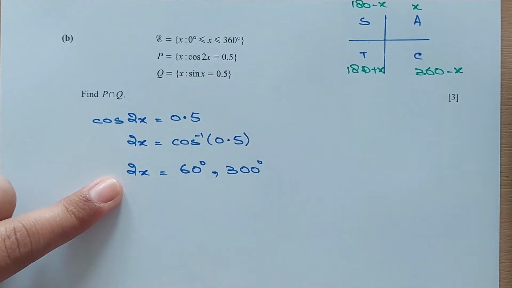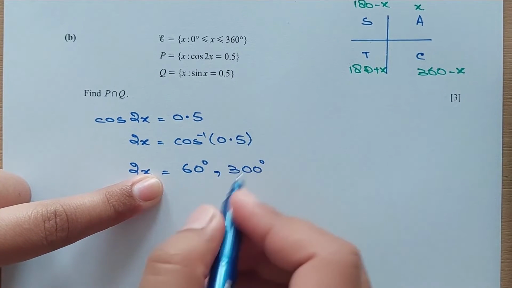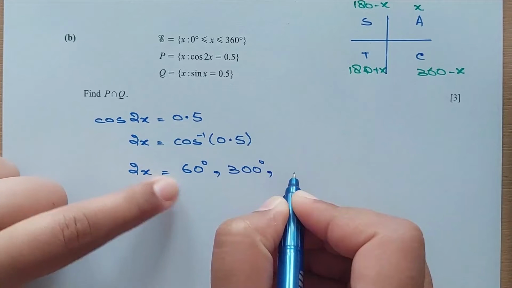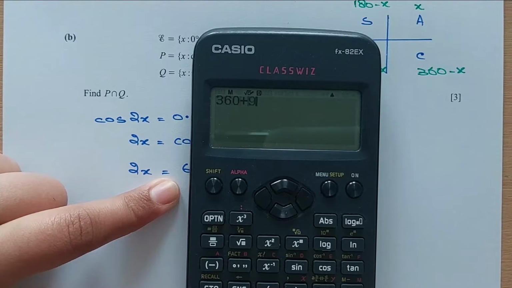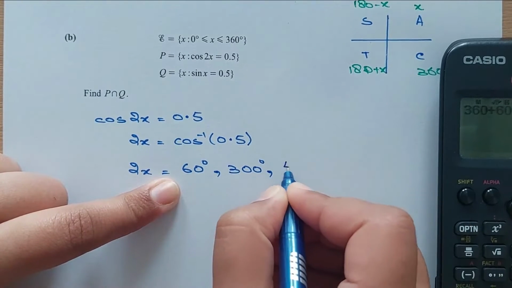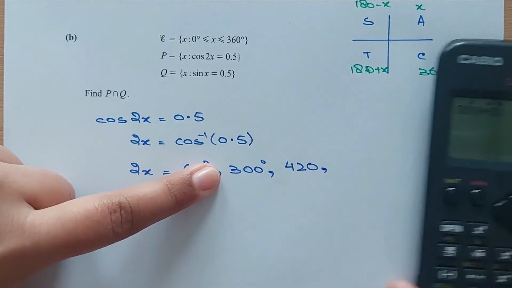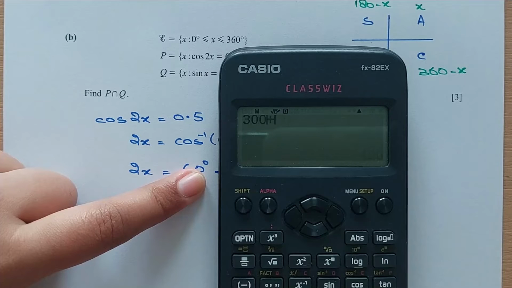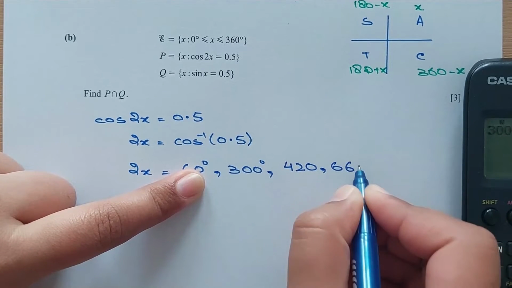And since it is 2 times x, it means we add 360 to these two values. So 360 plus 60, that is 420, and 300 plus 360 is equal to 660.